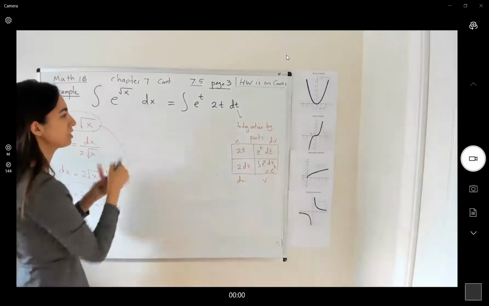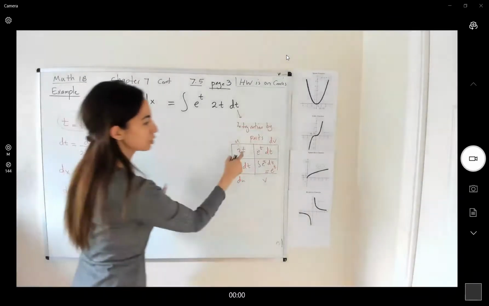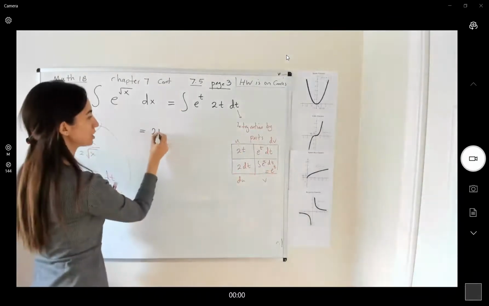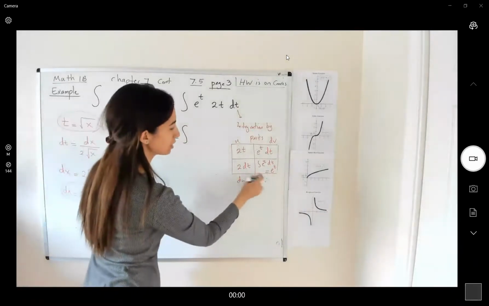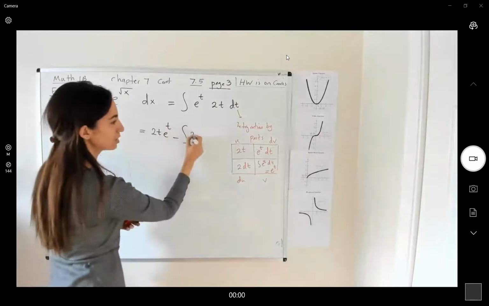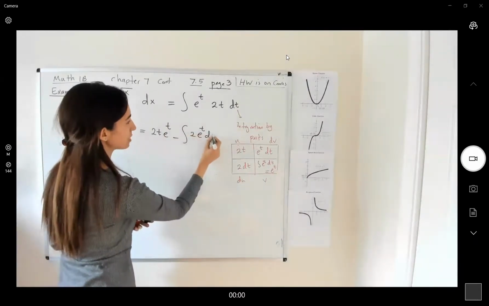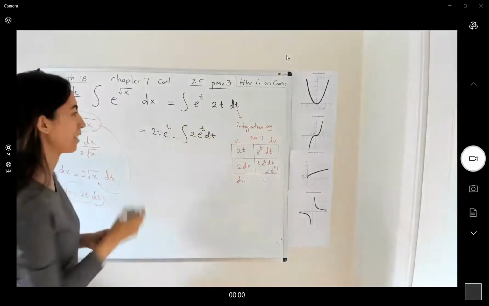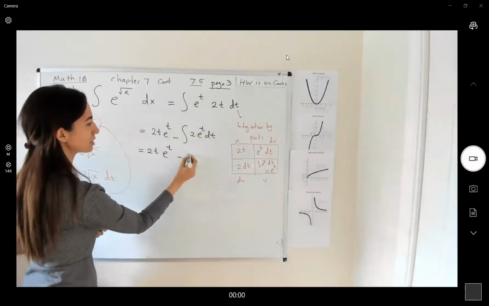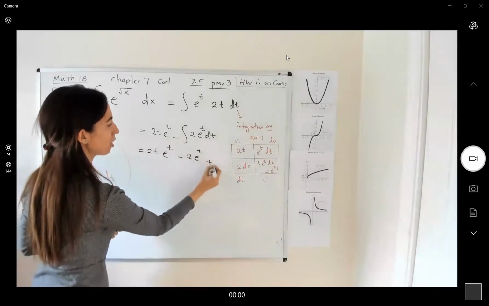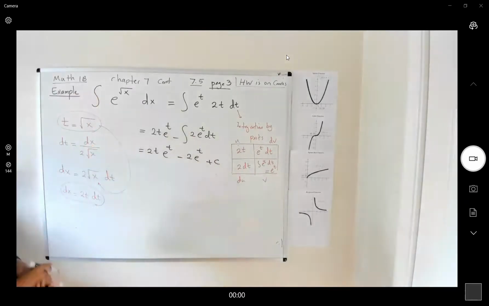So this integral is equal to uv, 2t e to the t, minus integral v du, 2 e to the t dt, which is super easy to handle. This is 2t e to the t minus 2 e to the t plus constant of integration.